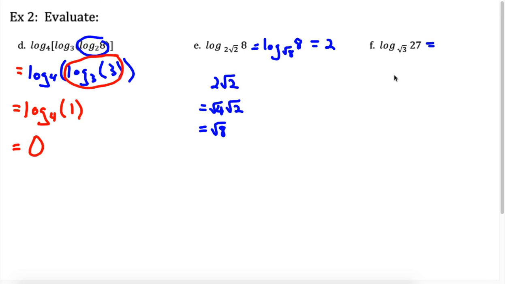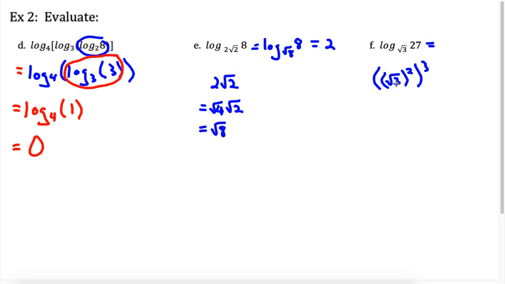But here I need to take the square root of 3. So what I actually have to do, the square root of 3 squared would just be equal to 3, right? But then I want to take that and cube it. So here, remember, whenever we have a power to a power, we multiply those together.